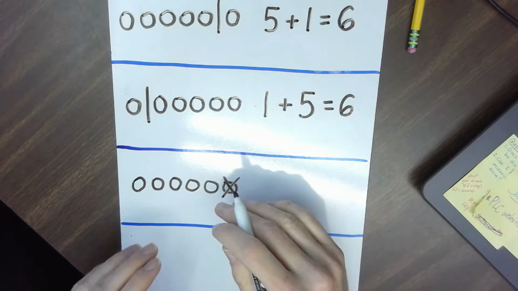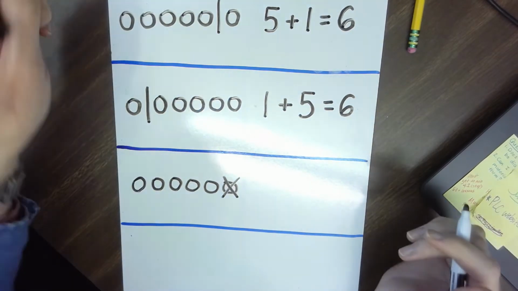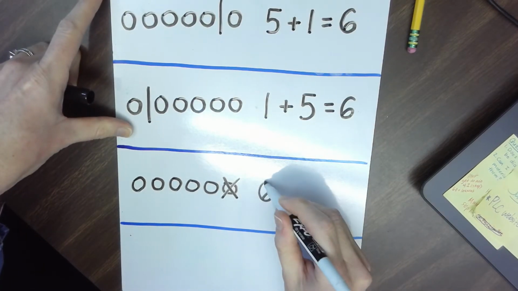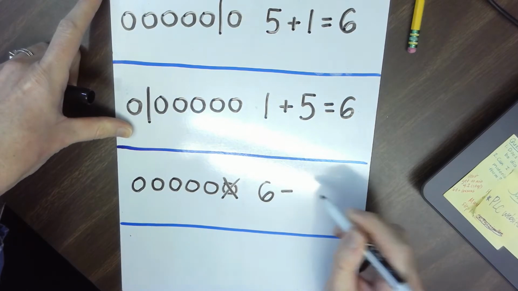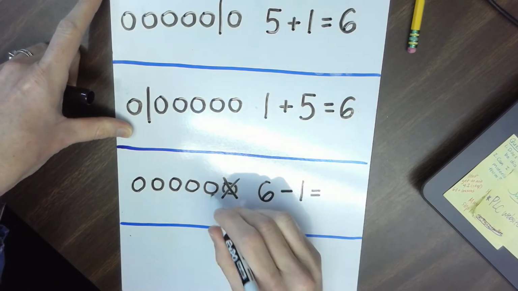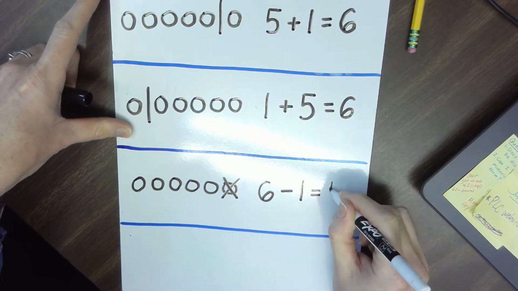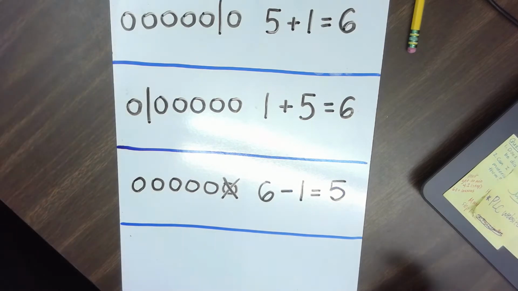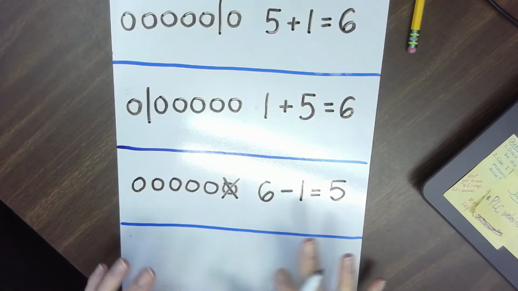So this is a some-went-away story. Bob had 6 pennies. He started with 6, and then I took away minus 1 penny equals, he has 1, 2, 3, 4, 5 pennies left.